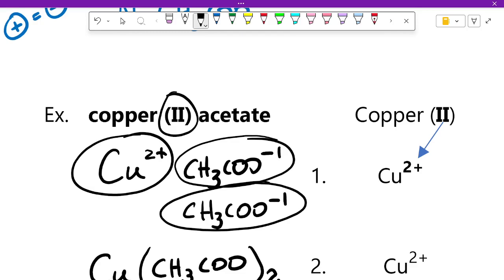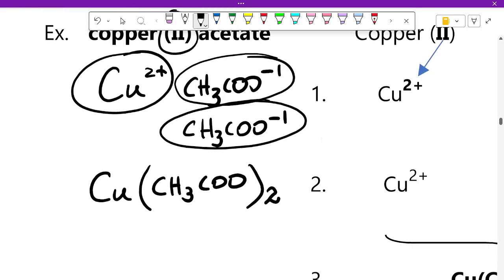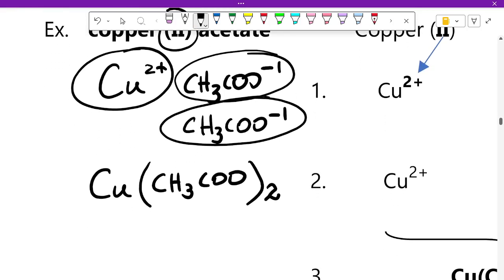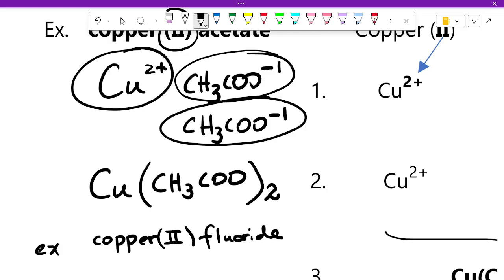Only on polyatomic ions. So if instead of acetate, let's say, for example, I had copper 2 fluoride. Okay, so I have Cu2 plus. Fluoride tells me it's on the periodic table.